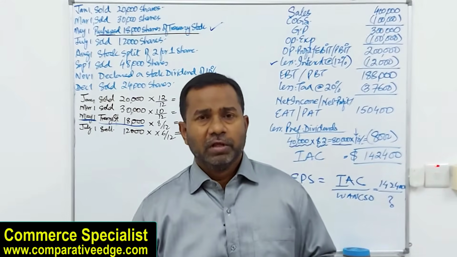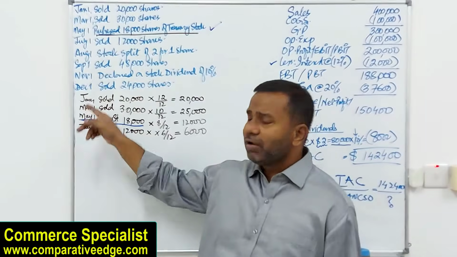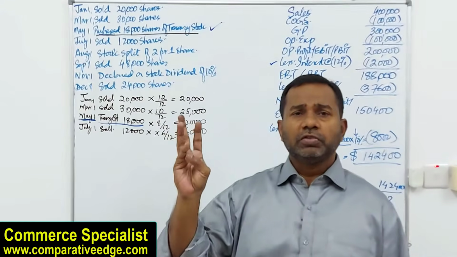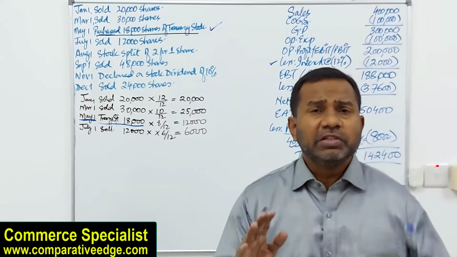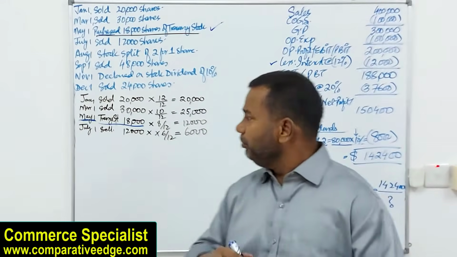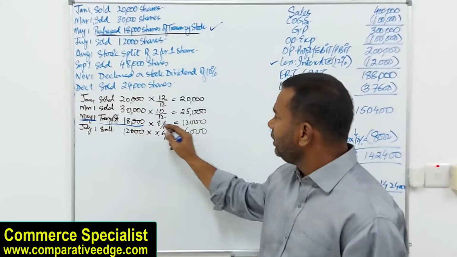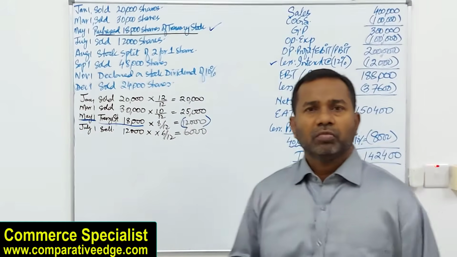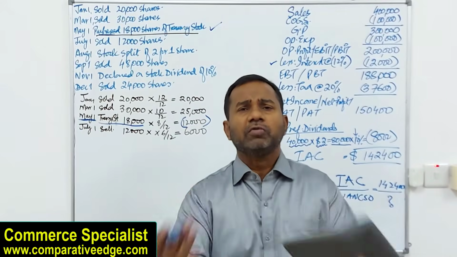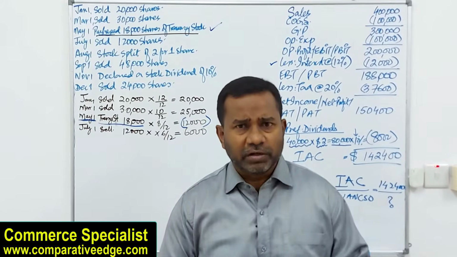Counting from May right up till December, May, June, July, August, September, October, November, December, is 8 months. For 8 months these shares were not outstanding, so I am taking this as minus. They were purchased back, so they don't qualify for the dividend.